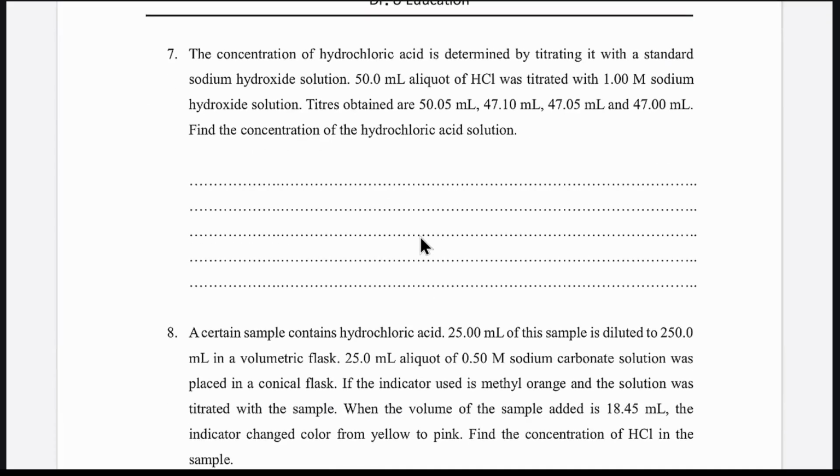Question number 7. Did you get this? Okay, so you have to calculate the average of the concordant titers, right? So what is the average of the concordant titers? You take 3, except for the odd one.